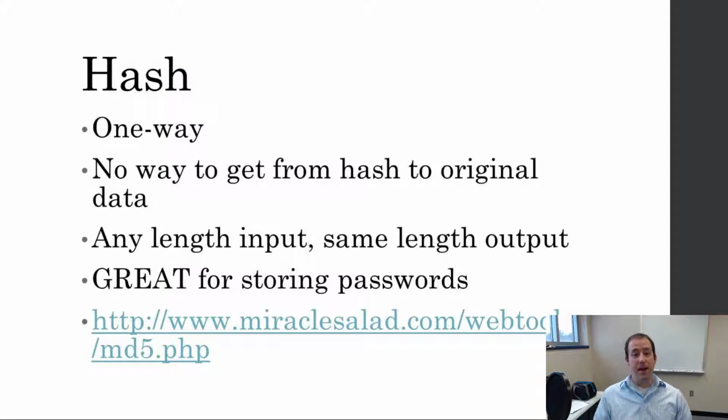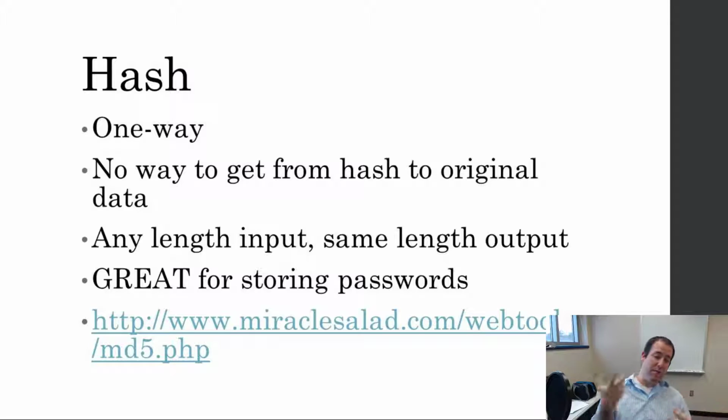Hashing is different. Hashing is a one-way process, meaning there's no way to take a hash and convert it back to the original data. Unlike encryption, where the whole point is to be able to convert it back into the original message that was sent, with a hash, it's one way.